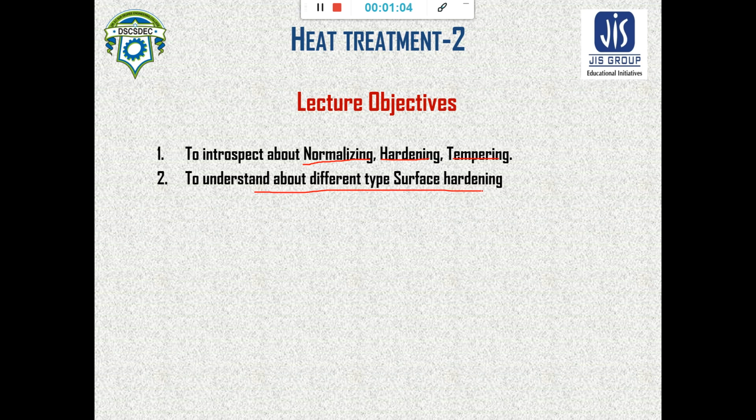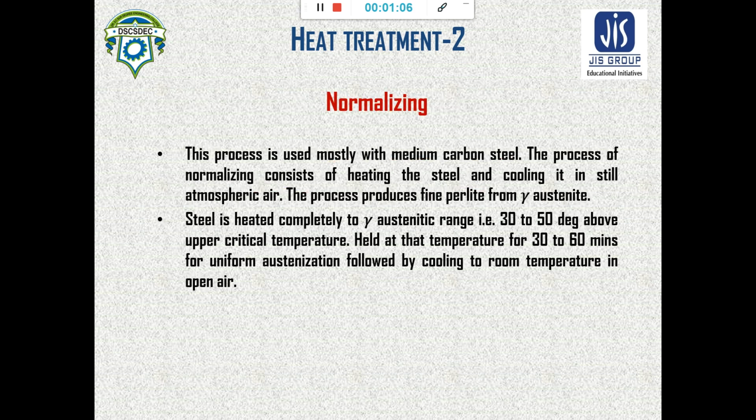Now let's start. So normalizing, what is this process? Normalizing is a process which is also done on medium carbon steel. The normalizing consists of heating the steel and cooling it in still atmospheric air. That means atmospheric cooling.